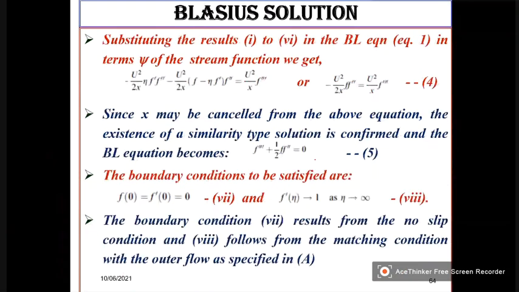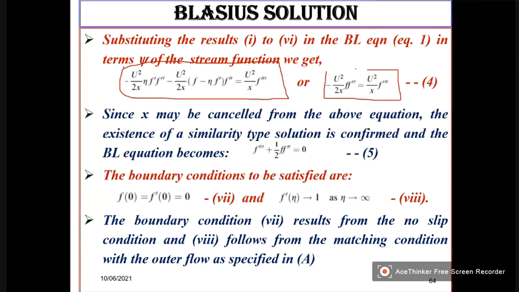So you will get this form. And when simplified, you get this. This is the final form.